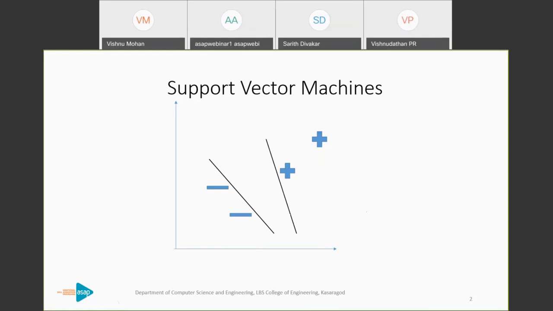Or maybe another line, the median line. But the question is, which straight line will you choose? You can have infinite straight lines that can be drawn to separate the positive from the negative samples. Which line will you choose as the decision boundary?